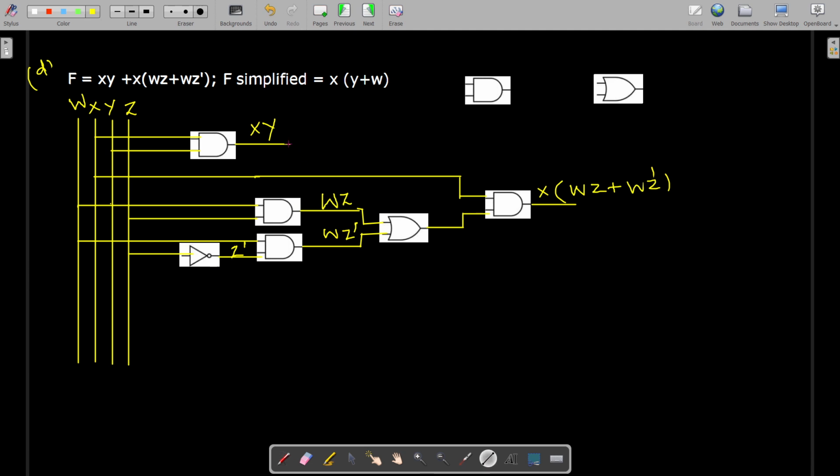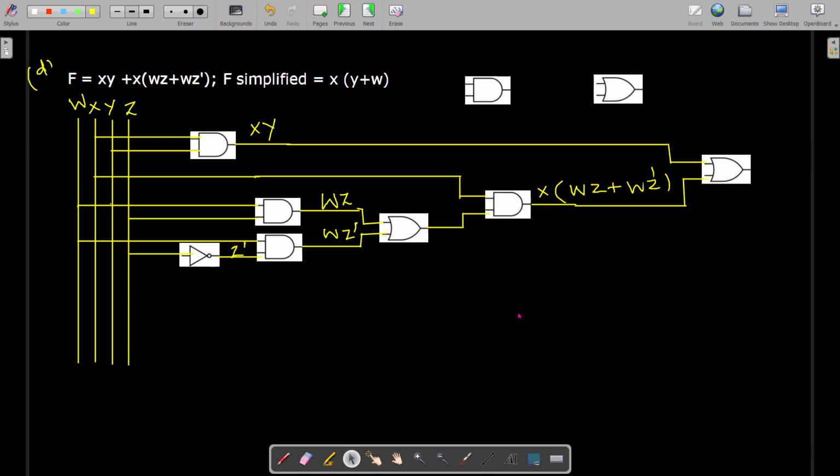Now we have to combine the first term, that is xy, and the second term using an OR gate, that is a two input OR gate. So at the output of this we get f. That's it.